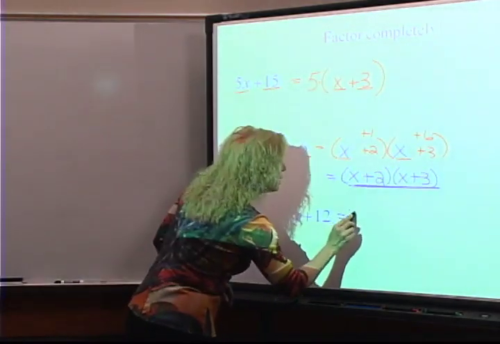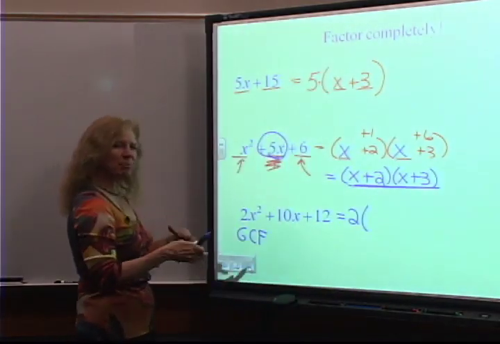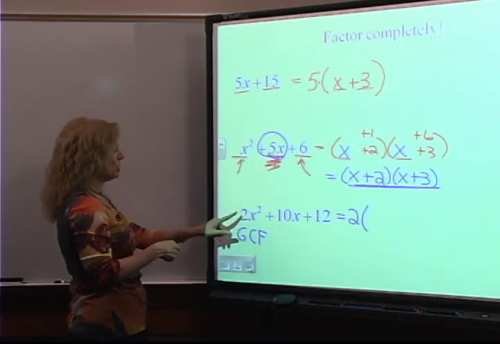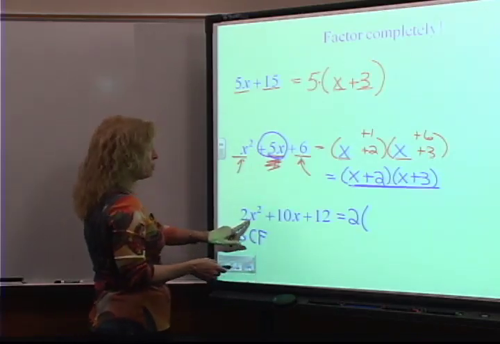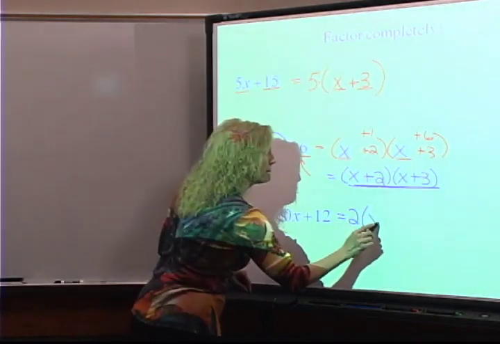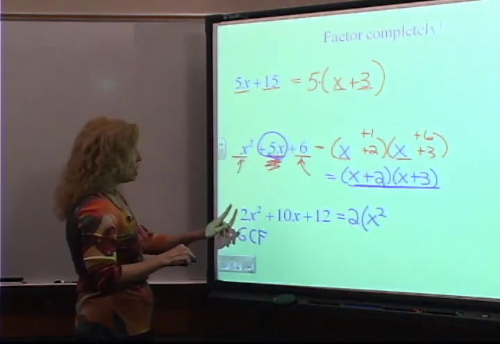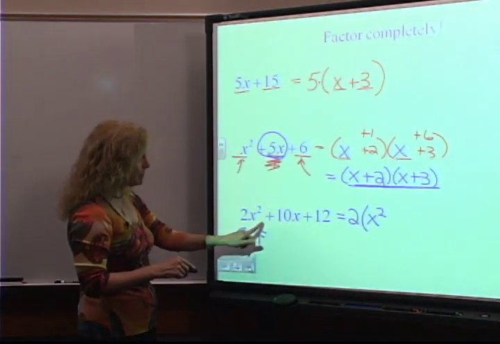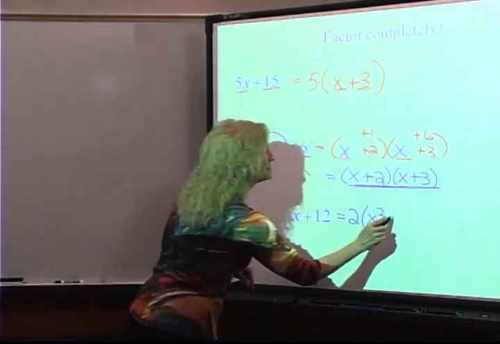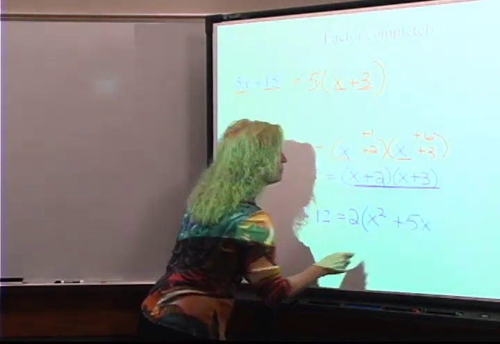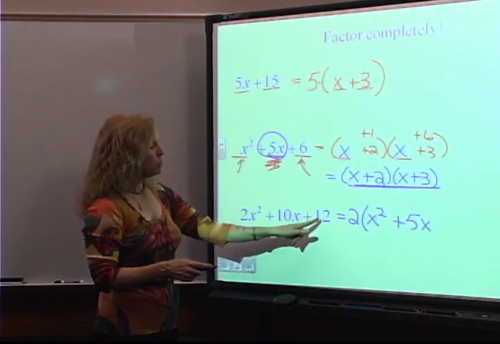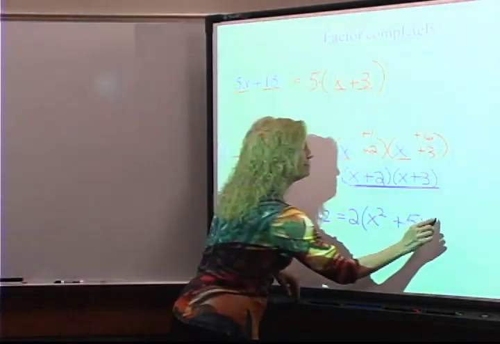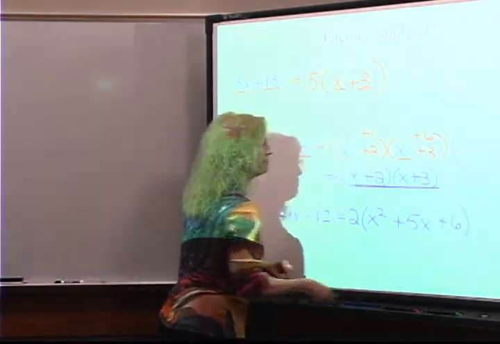So I pull that 2 out, and remember, this is the undistribute. 2 times what would give me 2x squared? 2 times what would give me plus 10x? And 2 times what would give me plus 12? Okay?